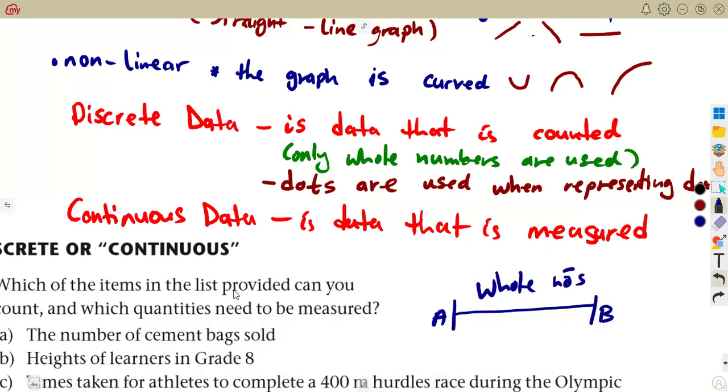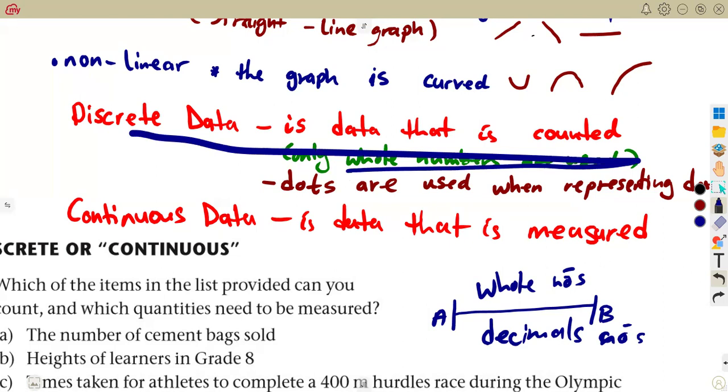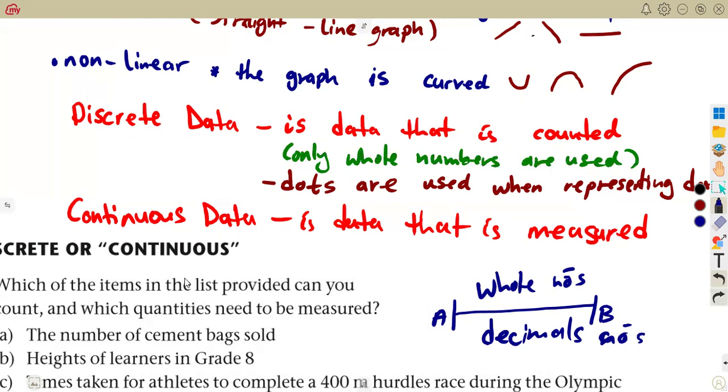On measuring, decimals can also be found. So this is the type of information where decimals are there, and whole numbers also are there. Unlike discrete, where we do not have decimals, in continuous we can talk of whole numbers and decimals can be used.